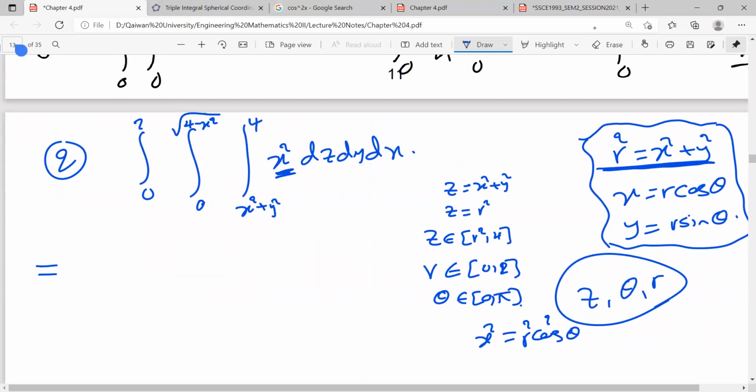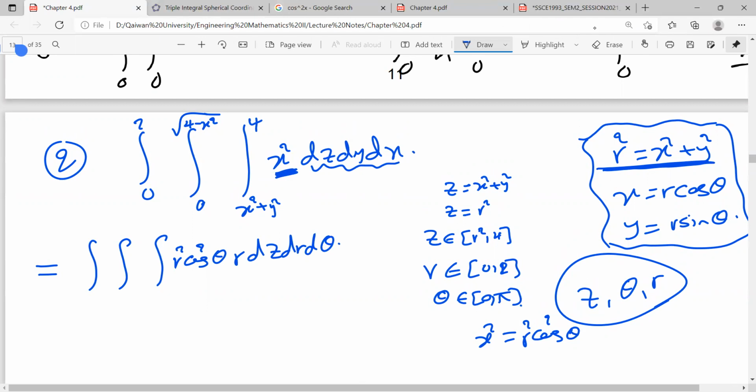Now the triple integral for x squared becomes r squared cosine squared of theta. Then we replace dz dy dx by r dz dr d theta. Always dy dx equals r dr d theta, and dz is itself.